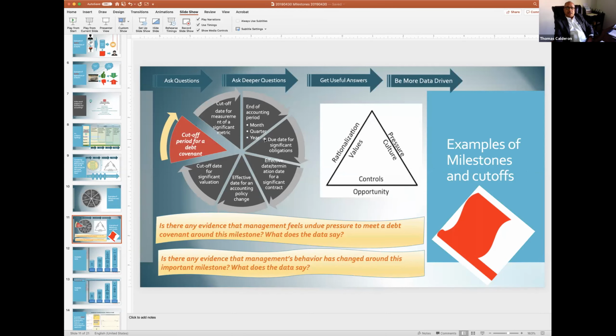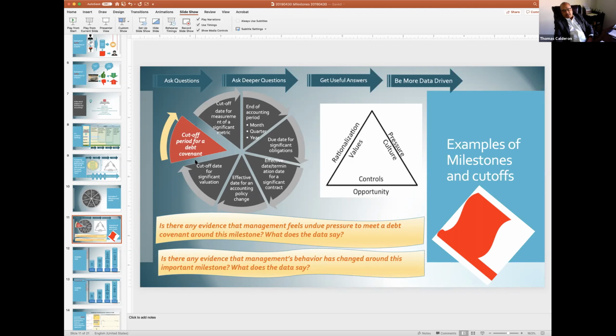One of the examples that I'm going to use is a cutoff period for debt covenant. And in that context, and in the context of the analytics mindset, my question would be, is there any incentive that management feels, or is there any evidence that management feels undue pressure to meet a debt covenant around this milestone?